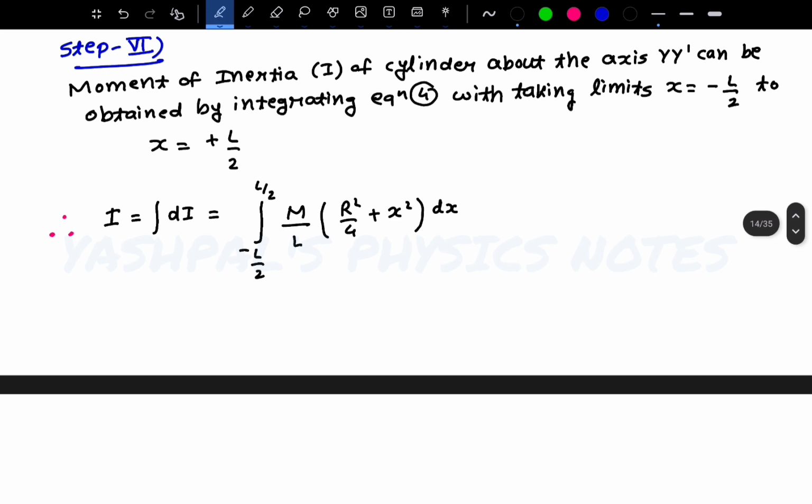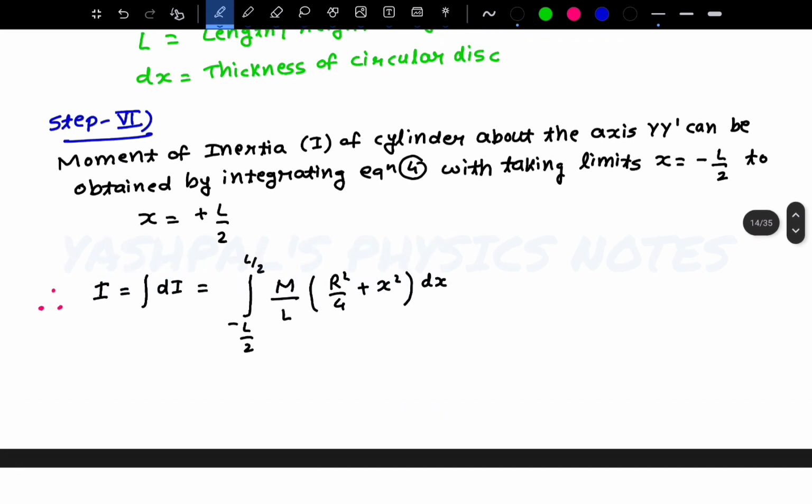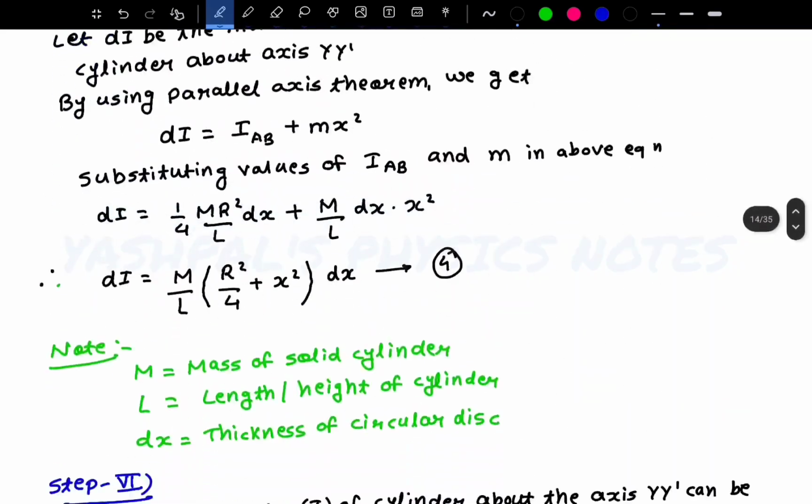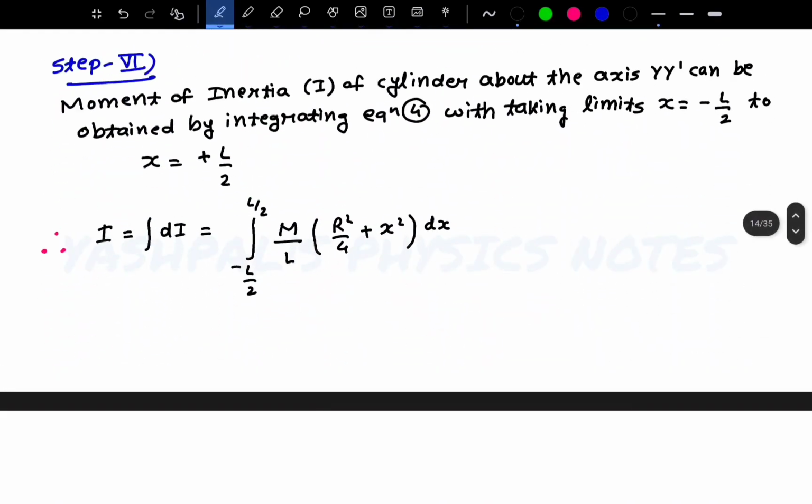Now see, we cannot take length as a negative quantity. So what I am going to do, I am going to remove this lower limit, that is minus L by 2, and replace it with 0.